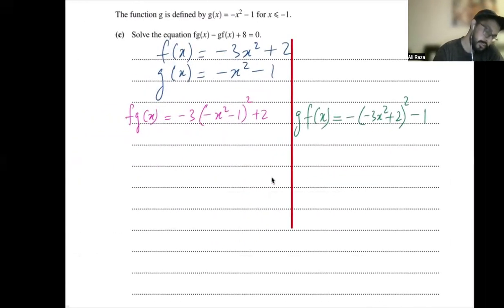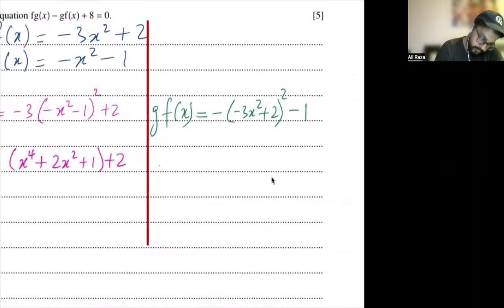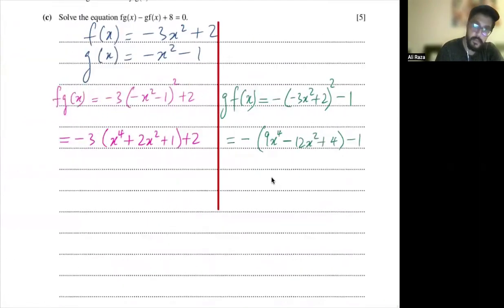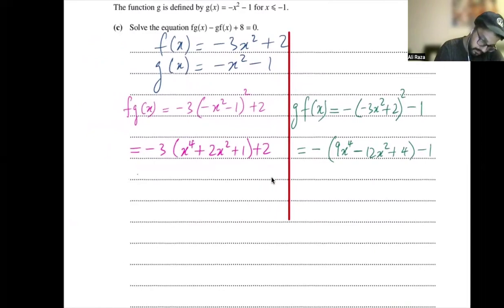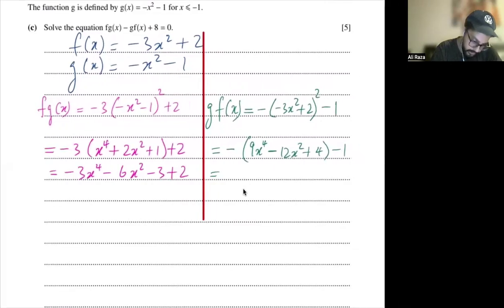Okay, let's simplify these two. So we have the expression for f g x over here. And we can simplify this side as well.